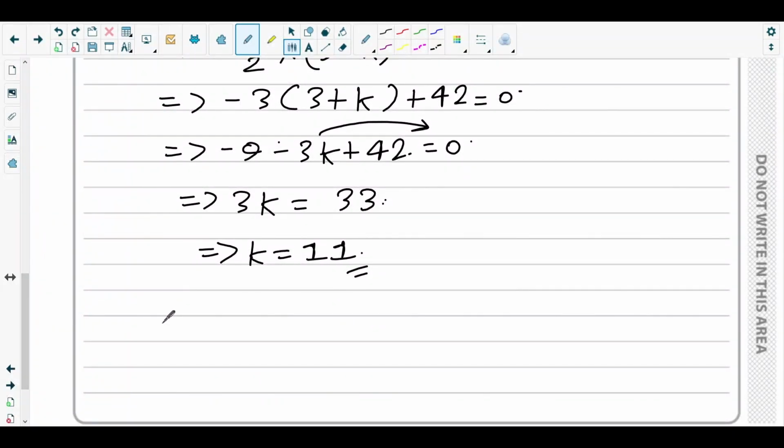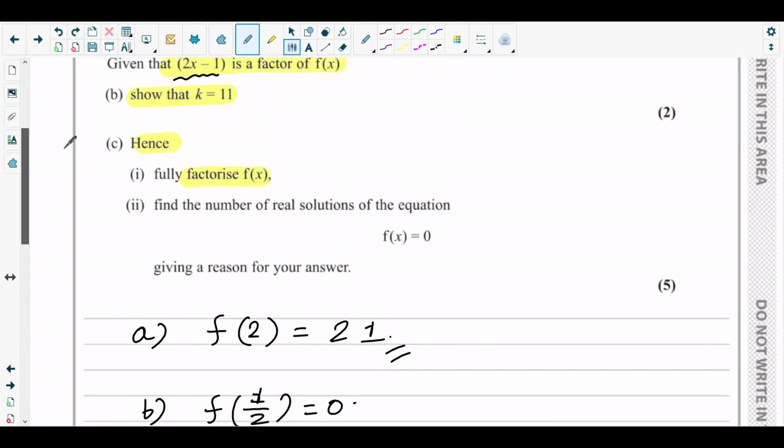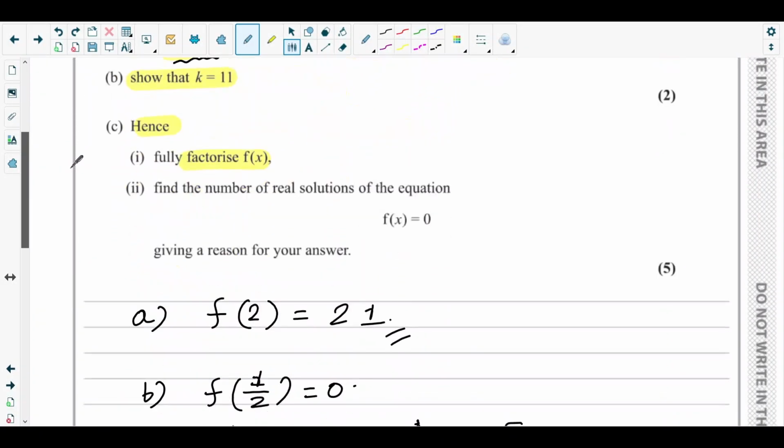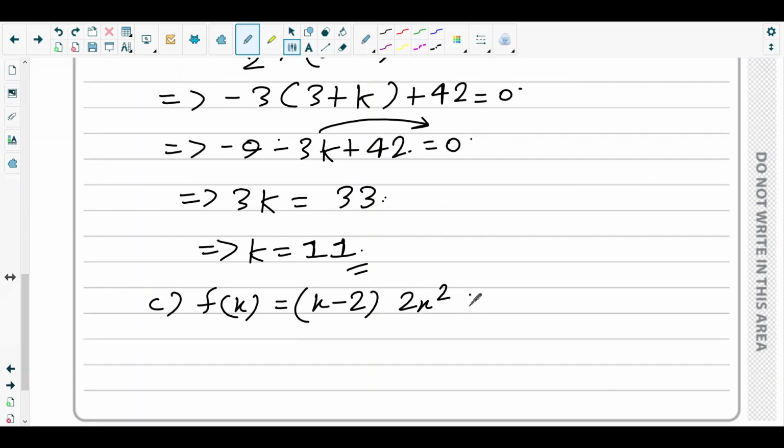For part C, let me write at first the equation for f(x). f(x) equals (x − 2)(2x² + 5x + 11) + 21.